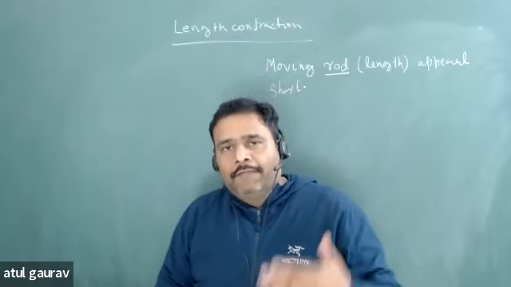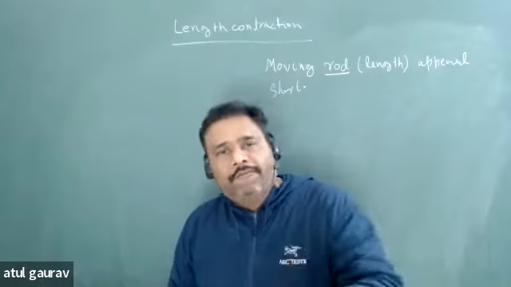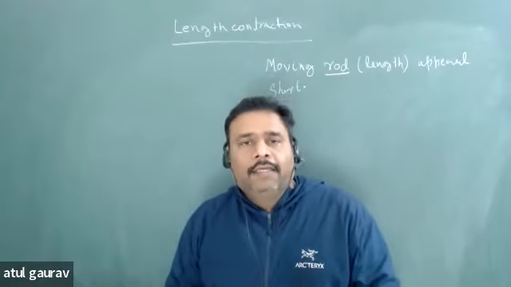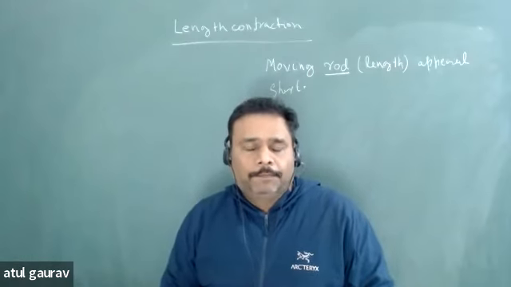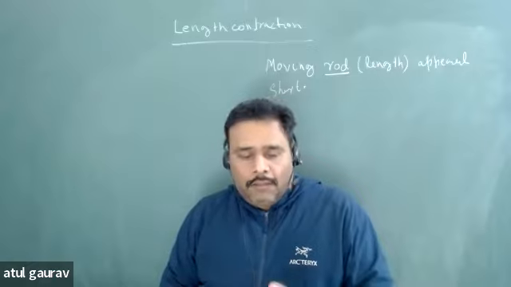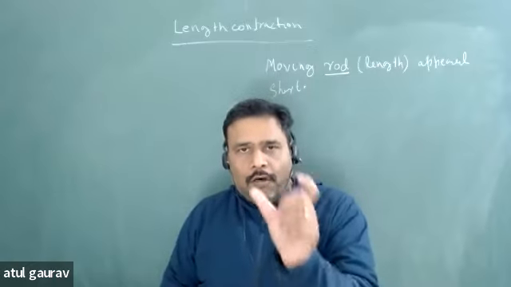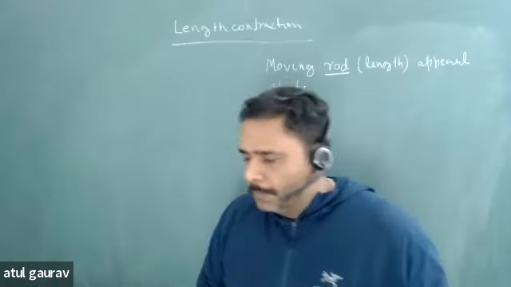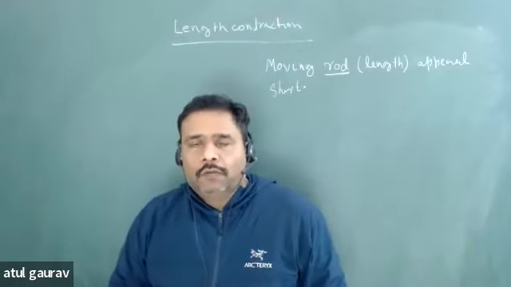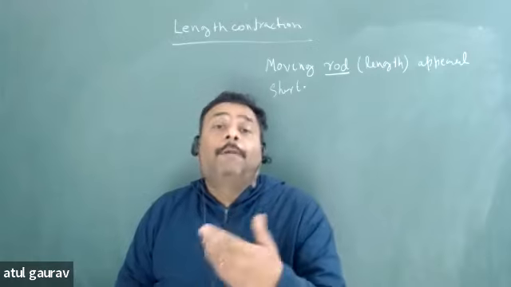Or if the rod and observer are in the same frame, then there is also no relative speed between them. Suppose your rod is not moving with respect to you. Then you will see the proper length.